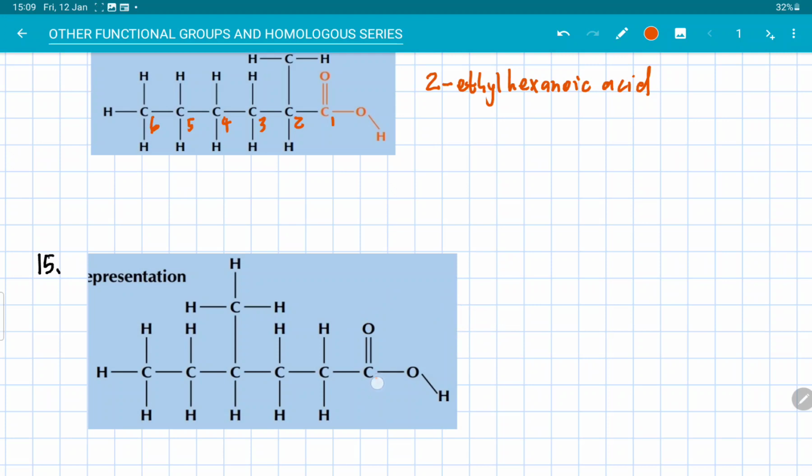And then when I count 1, 2, 3, 4, 5, 6, this is the longest continuous chain, the straight one. And then carbon 4 has a branch, a methyl branch, so 4-methylhexanoic acid. Why? Because no need to mention the position of the carboxyl group.